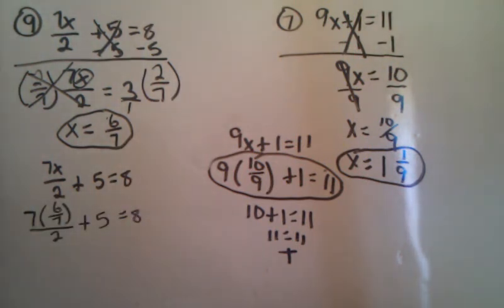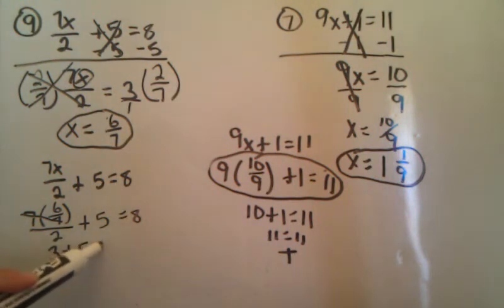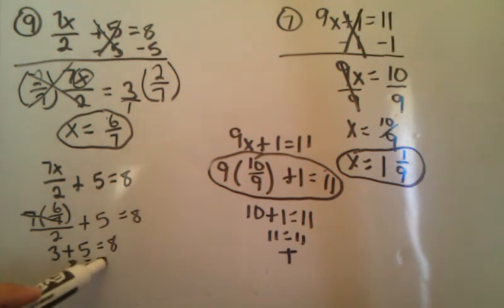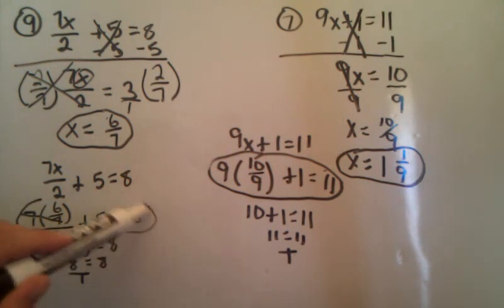Okay, now I'm just going to look at my top numbers for a minute. My 7's are going to cancel out. Okay, so now I have 6 divided by 2. Well, 6 divided by 2 is 3. Plus 5 equals 8. 3 plus 5 is 8 equals 8. And that's true. So this is what we should have got for the check.